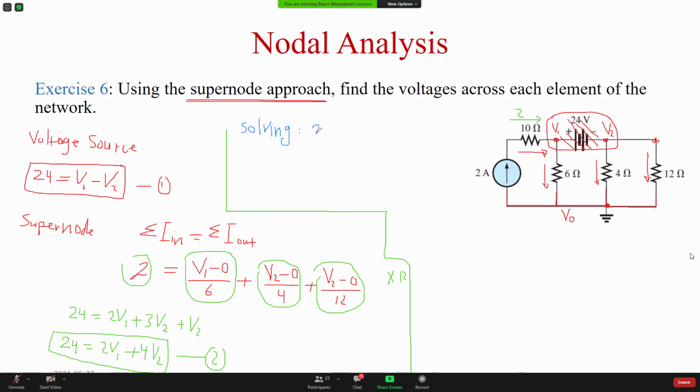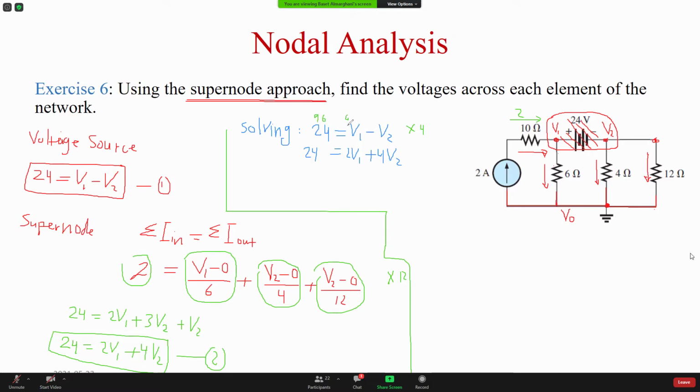24 equals V1 minus V2, and here 24 equals 2V1 plus 4V2. You can do substitution as well or elimination. I'm going to do elimination, so I'm going to multiply by 4, then add. So when I multiply by 4, this is 96.